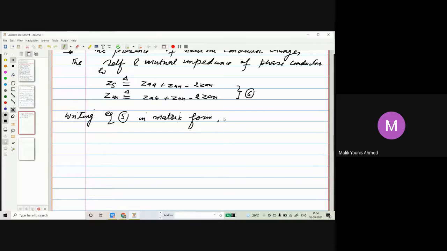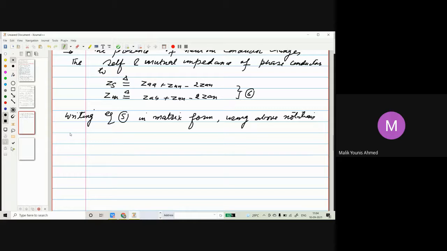Using above notations. Above notation means we will use this notation. Now for self, we will use this. For mutual, we will use this. That's the meaning of above notation.